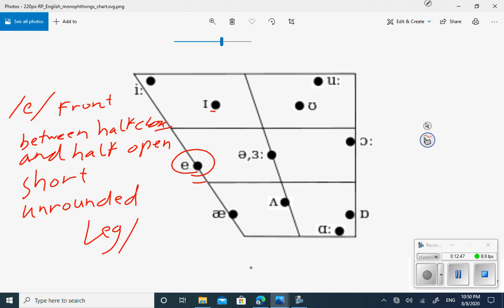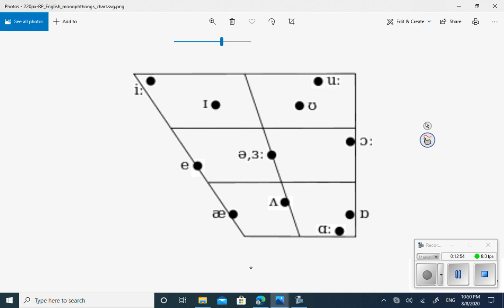The last front vowel is the a sound. The a sound is written like this. It is a front vowel. Where is it? It is below half open, or above open, or open if you want. Front open.